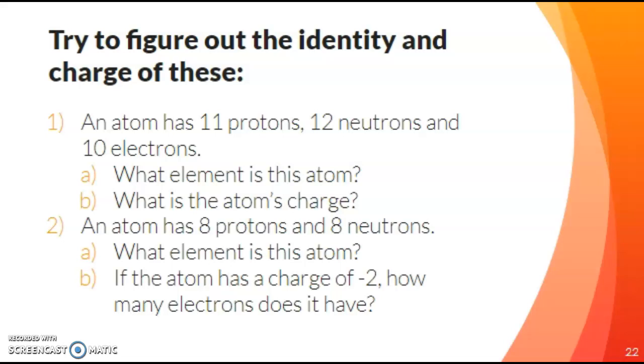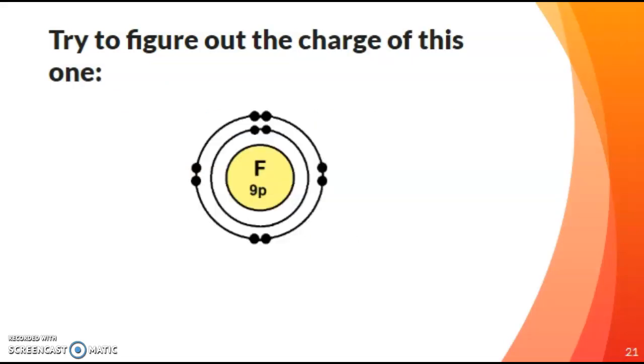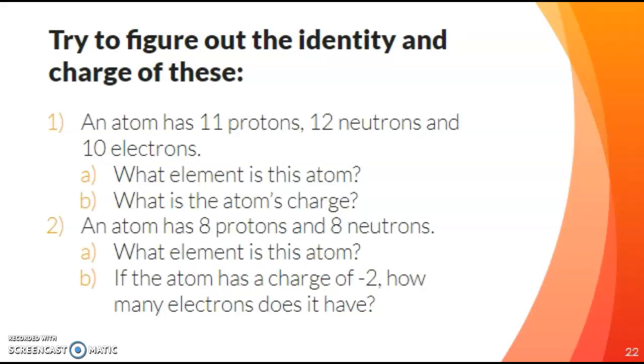If the number is positive, then it has a positive charge. If the number is negative, like back over here, it has a negative charge. Remember, 9 protons minus 10 electrons is negative 1, whereas here, 11 minus 10 is positive 1. So protons minus electrons equals the charge.